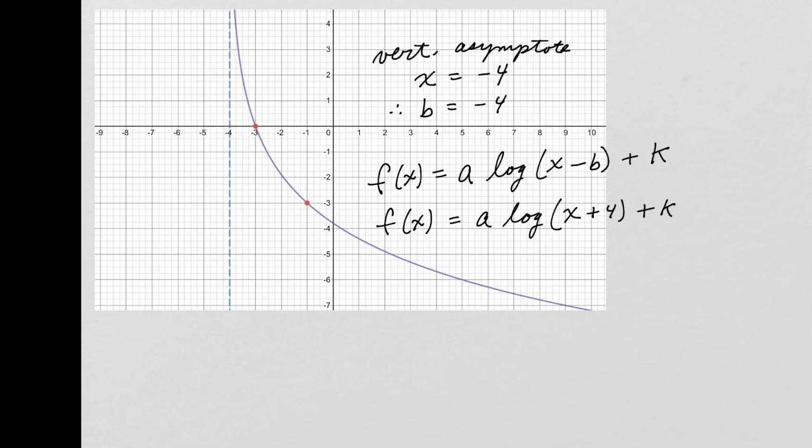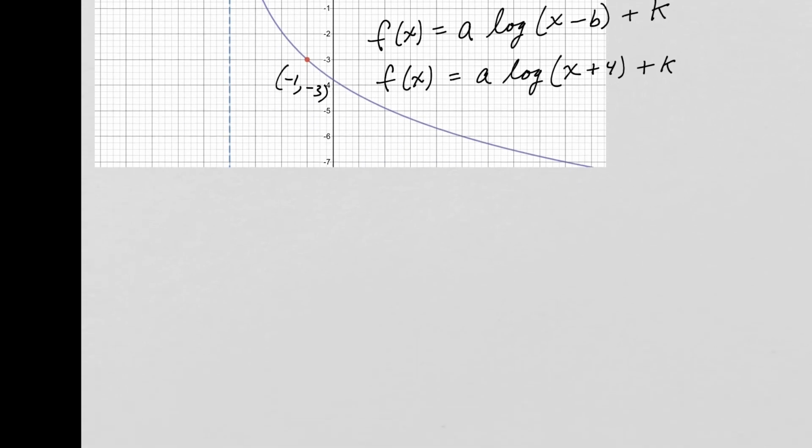Well, it looks like the 2 easiest points to pick, and I kind of highlighted them here, is the graph is definitely passing through negative 3, 0. So I'll use that point, and it's definitely passing through this point, which is negative 1, negative 3. Okay, so let me plug in the negative 3, 0 first.